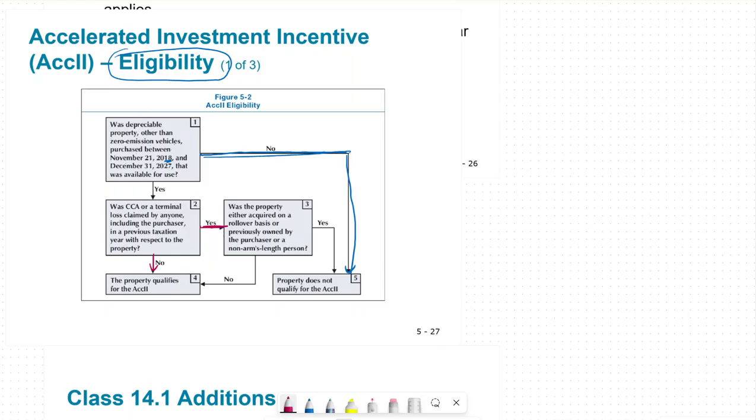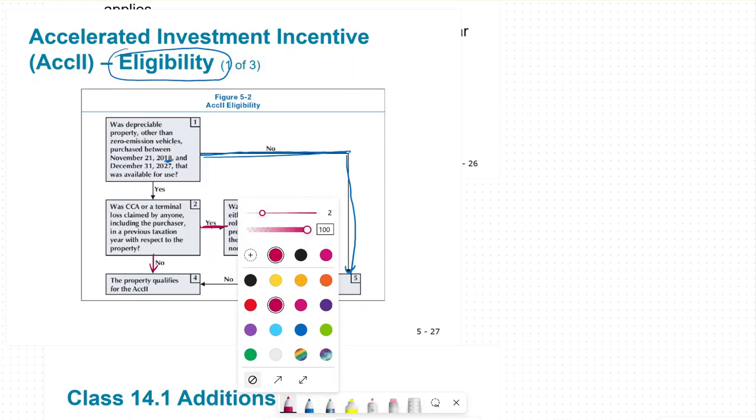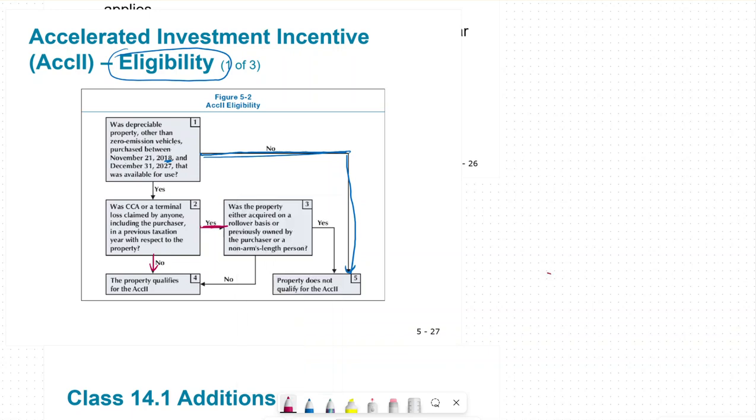What we are trying to do here is determine whether the asset qualifies for the accelerated investment incentive or not. We don't know which route we are going to take, but you need to test it and you need to memorize it.